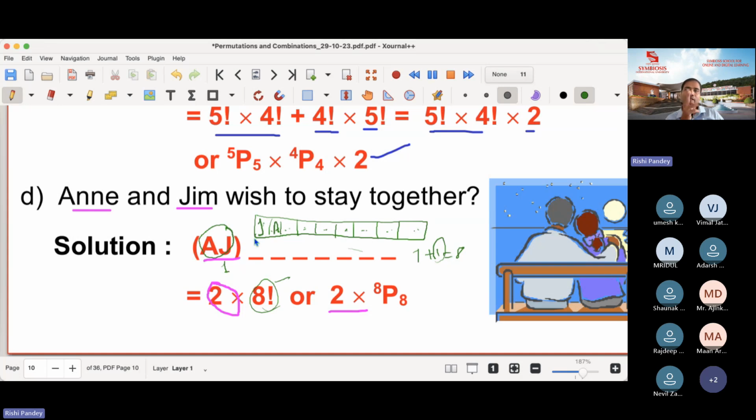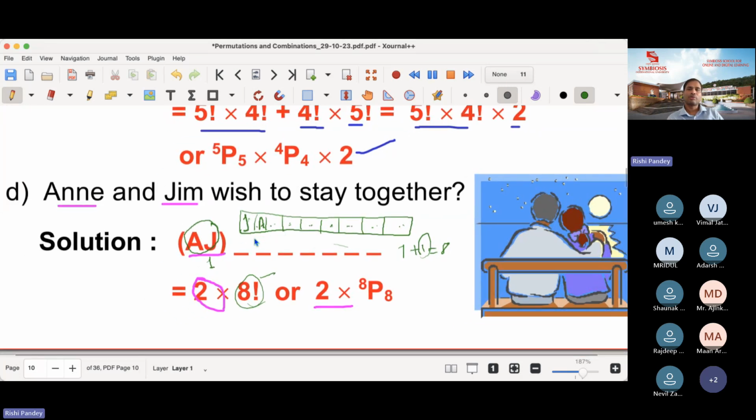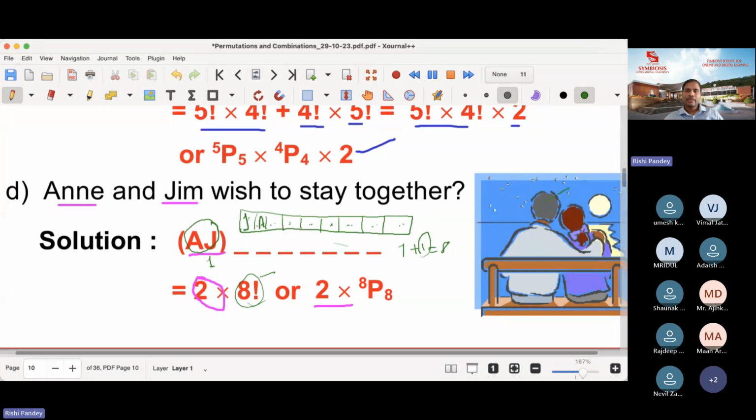Anna Jim, Jim Anna. Is it right? You got my point? Anna Jim or Jim Anna, both are right. So they can change their position as well. So this 2 is for changing their position. That's why we have factorial 2. Okay. So 2 into factorial 8.